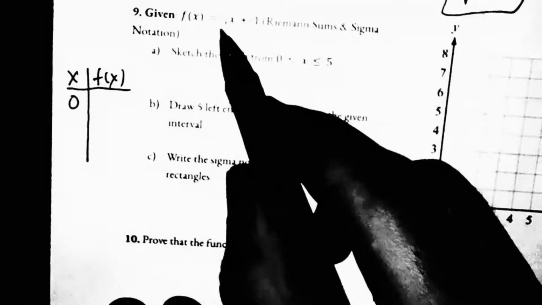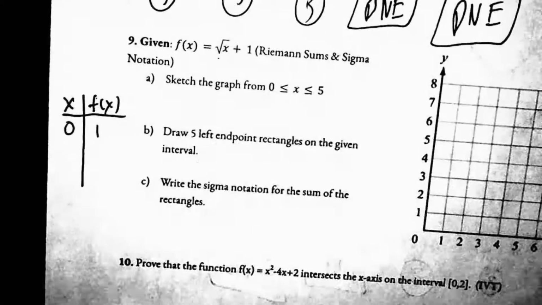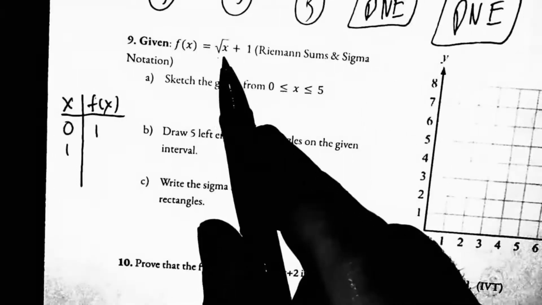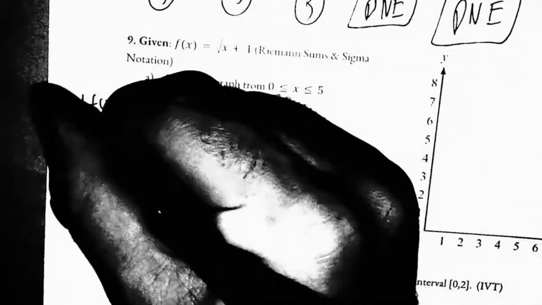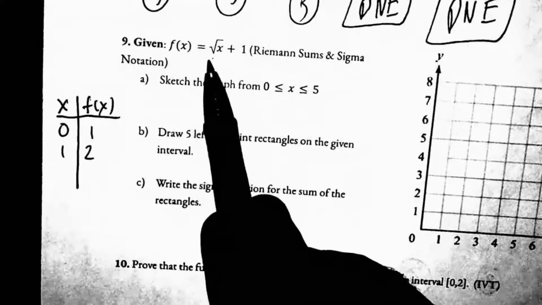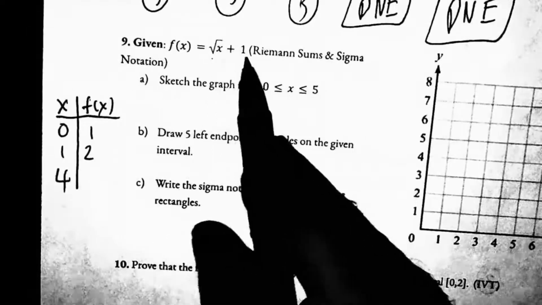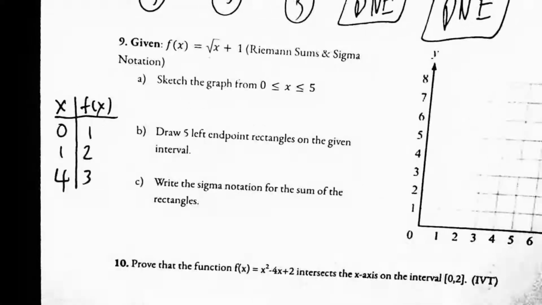What's happening at 0? Square root of 0 plus 1 is 1. Okay, that one's easy. How about 1? When I plug in 1, square root of 1 is 1 plus 1 is 2. Okay, that one's easy. 2 and 3 are kind of messy because they're irrational, right? Let's plug in a 4. Square root of 4 is 2 plus 1 is 3. Okay, well, I got some nice points here. Now let's plot them.